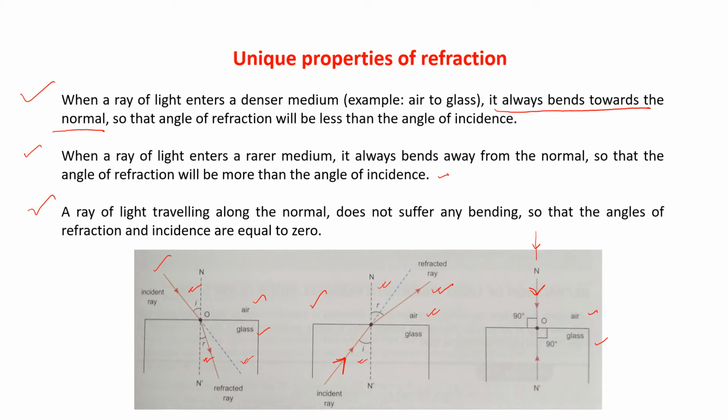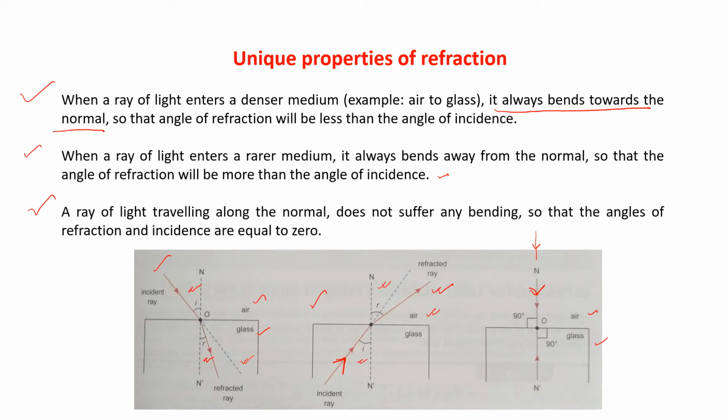In that case, what is the angle of incidence? The angle of incidence is the angle between the incident ray and the normal. And what is the angle of refraction? It is the angle between the refracted ray and the normal.